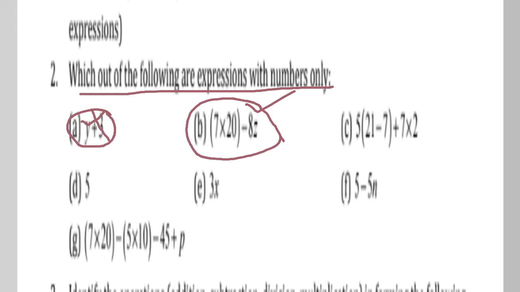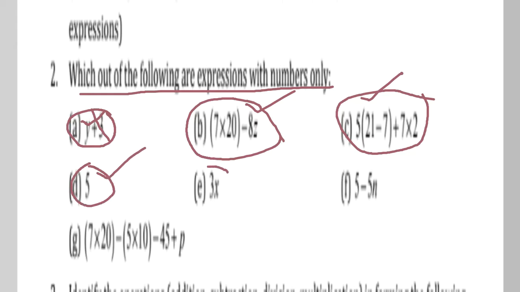In part C, 5 into 21 minus 7 plus 7 into 22, this expression is also without variables. And now this is part D, which is 5. This is an expression without variables.